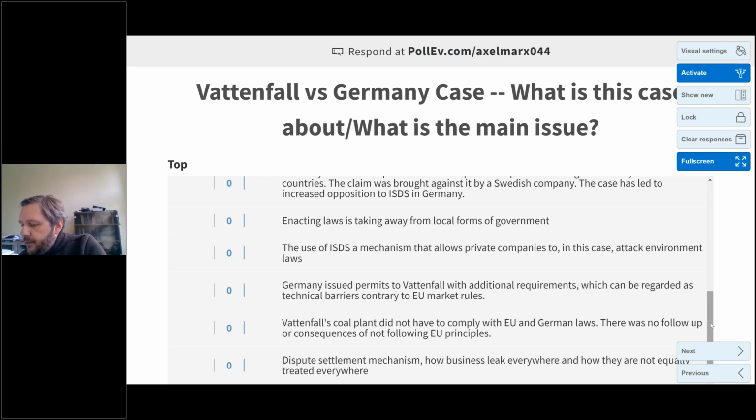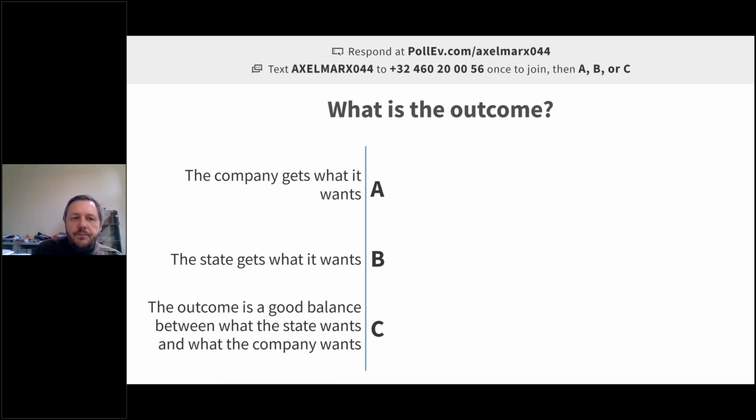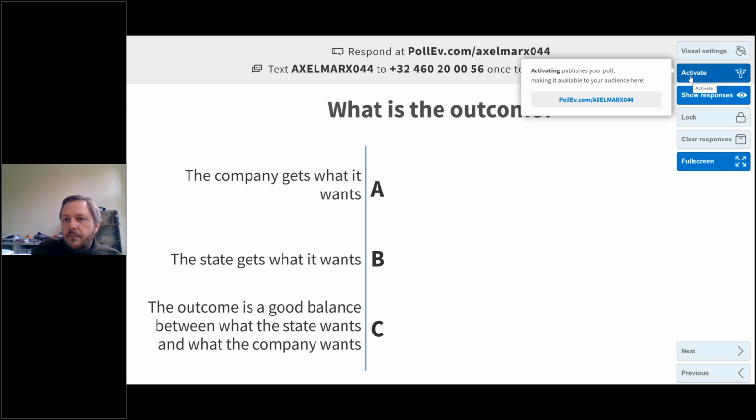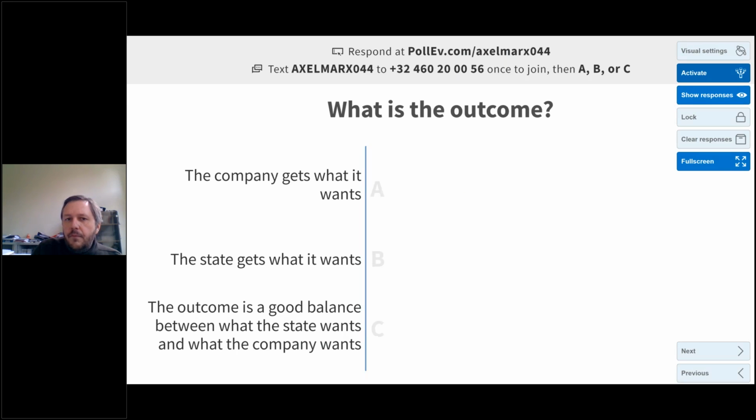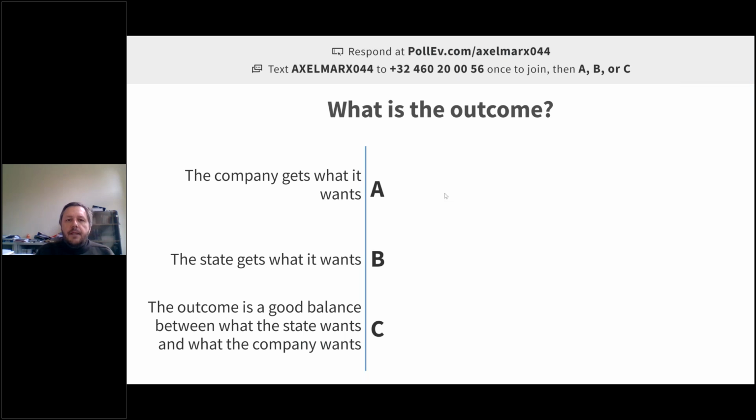Now, before we go a bit further into this ISDS, please also consider the next question in the poll. I have given three answers of the possible outcome.